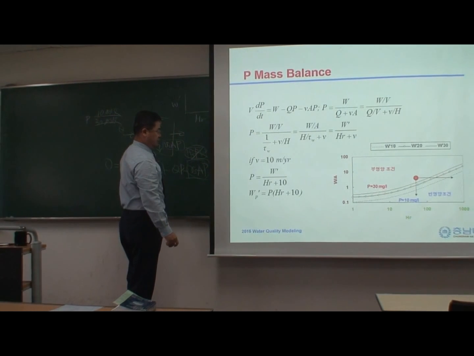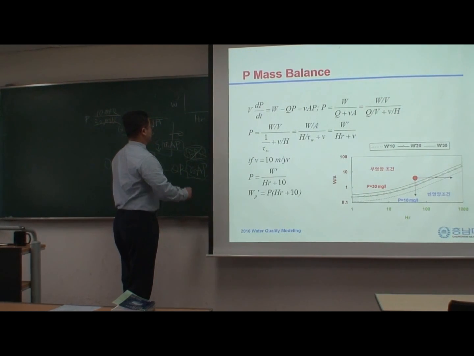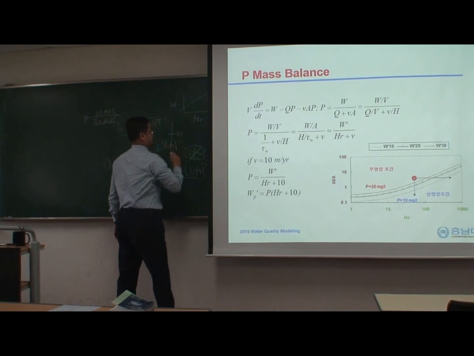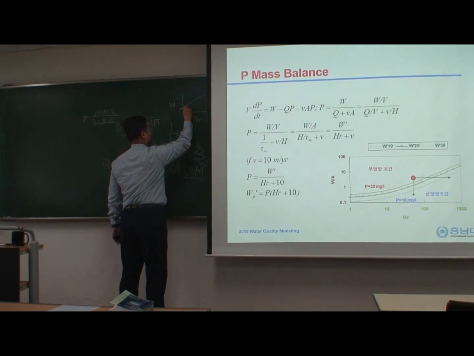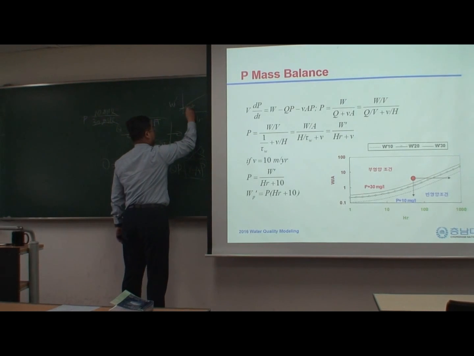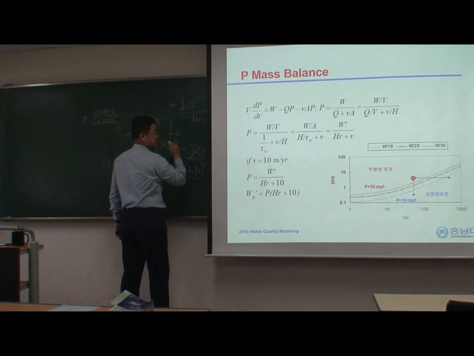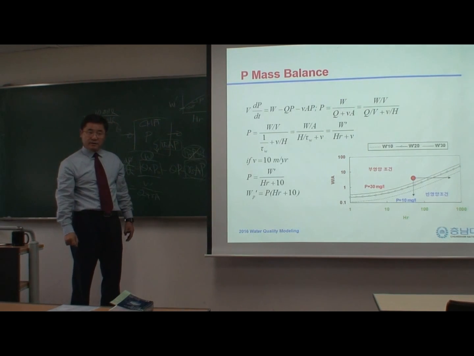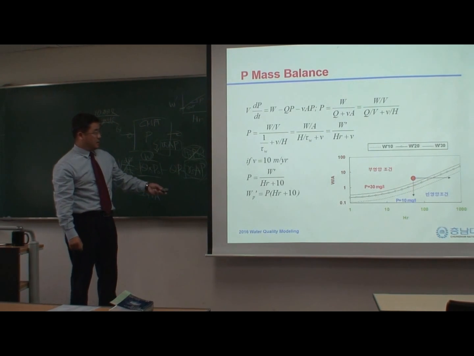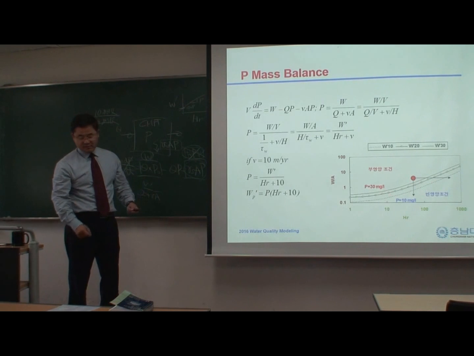And then I will have something like this. And what this will be, this is going to be 10 times P. And this slope will be P. Right? But I have something different.